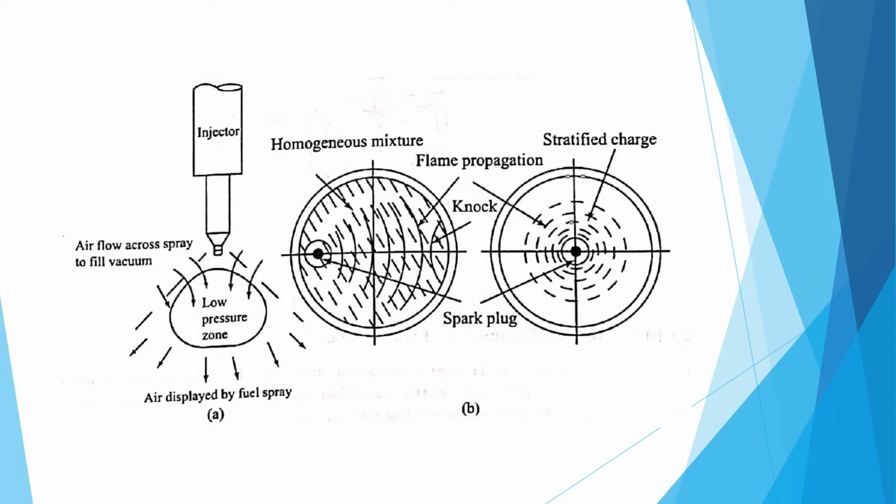The working principle of this Ford combustion process is as follows. The injection of the fuel spray moves a substantial amount of air forward and creates a low pressure region in front of the injector, as shown in this picture.